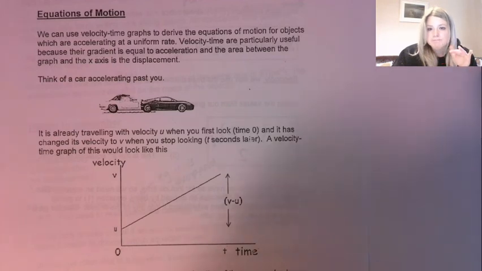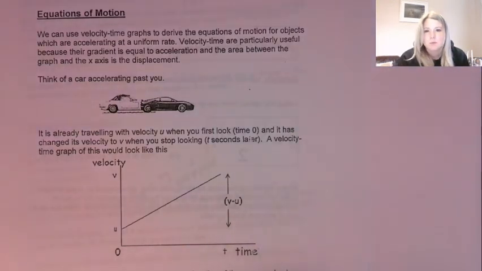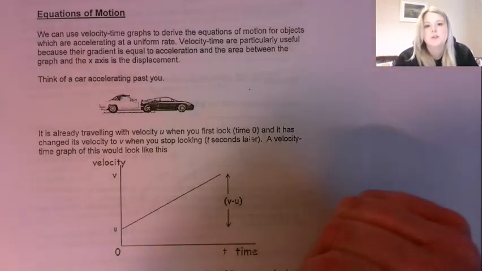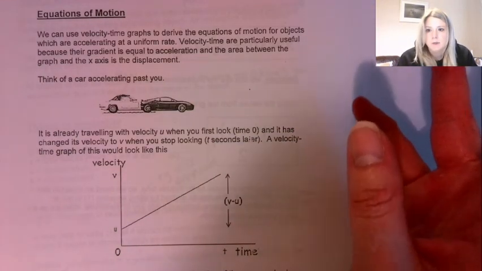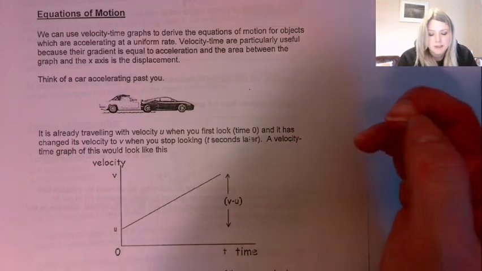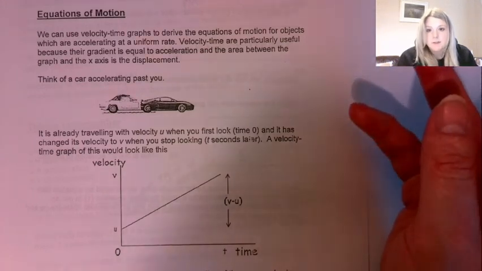We never do non-constant acceleration in physics. You do that in maths at some stage, but we don't do it in physics, okay? So these equations of motion are just equations which always work if something's travelling at a constant acceleration.